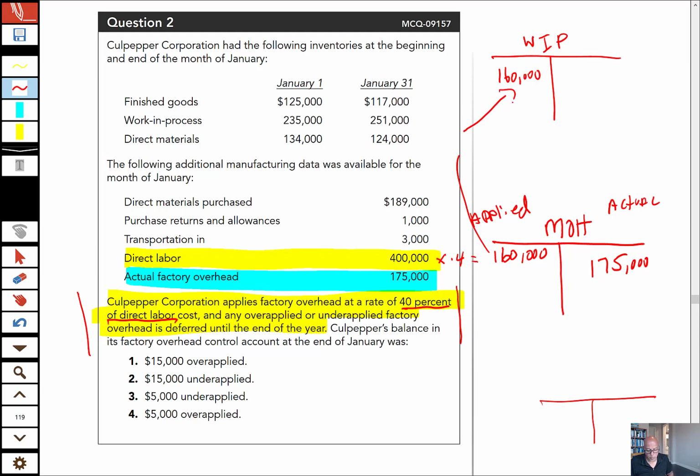So we would have debited the 160,000 to work in process, credited the manufacturing overhead, and then this would be various things, for example accumulated depreciation, whatever constituted the various elements of their overhead.